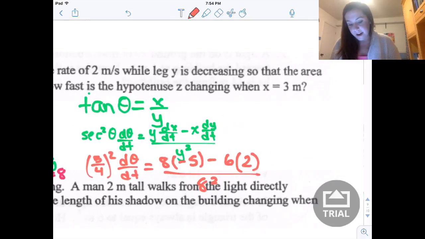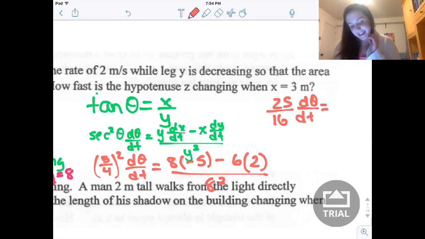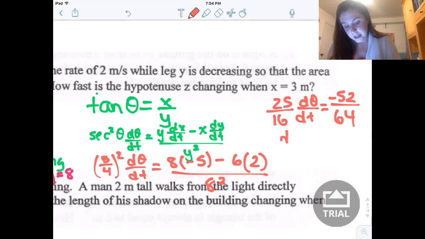Okay, so the left side is going to be 25 over 16 d theta dt. The right side is going to be -40 minus 12, which is -52 over 64. This is going to be gross. And d theta dt is going to be -52 over 64 times 16 over 25.